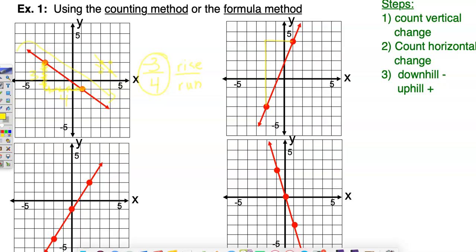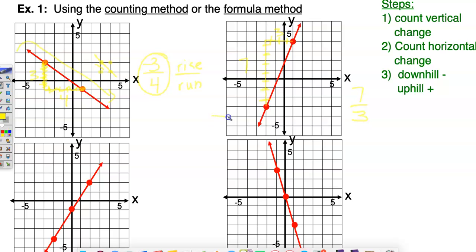Okay, so our vertical change, we have 1, 2, 3, 4, 5, 6, 7 boxes. And then across we're going 3. So my vertical change over my horizontal is 7/3.